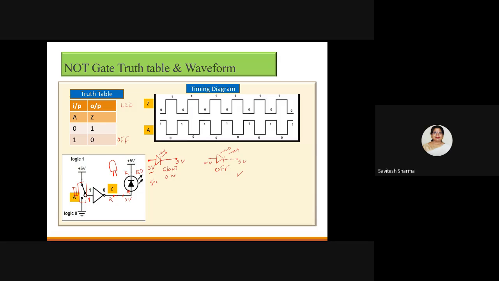If you are applying a 0 input, you will get a 1, and in this case your LED will be on, it will glow. So this is the indication of on, high and low. Here I am assuming on means your output is 1 and off means output is 0.